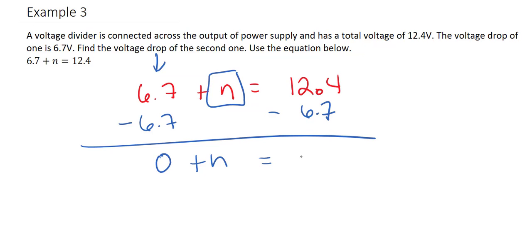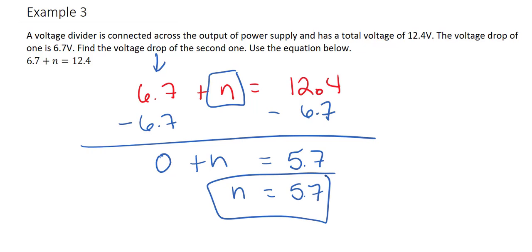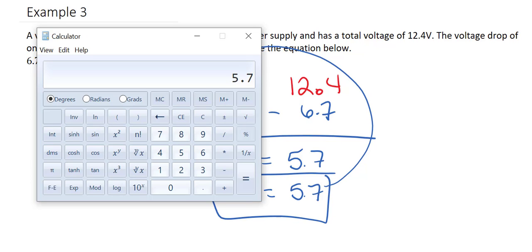We get 5.7. So n is equal to 5.7. And if we were to plug that value into right there, right, we get our calculators out, add 6.7, and we get 12.4, so it checks out.